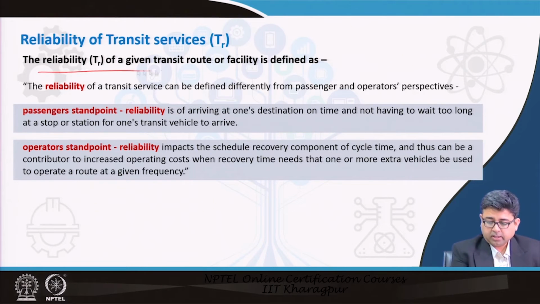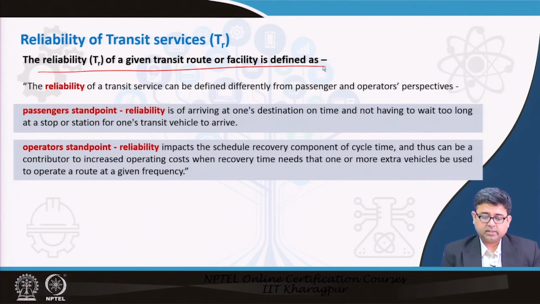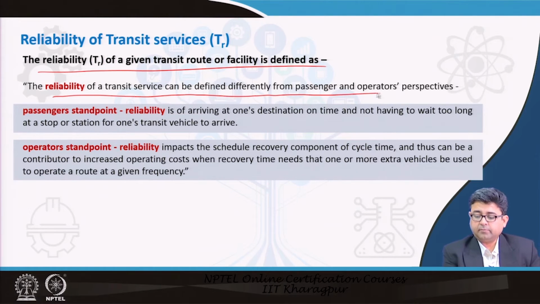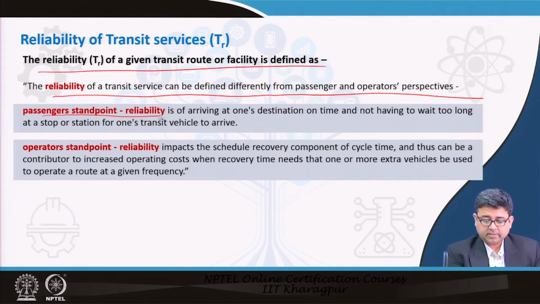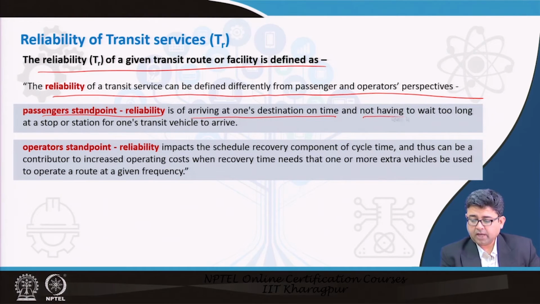Then we have talked about reliability a whole lot. So, what is reliability? The reliability of a transit service can be defined differently from the passengers' and operators' perspectives. We always think about reliability in terms of passengers. From the passenger standpoint, reliability is arriving at one's destination on time and not having to wait too long at a stop or station for one's transit vehicle to arrive.